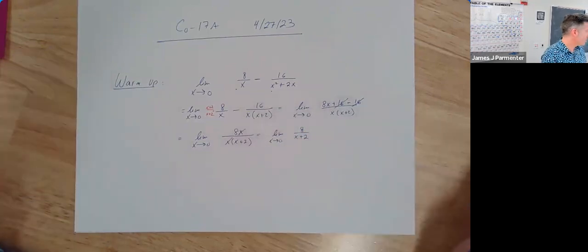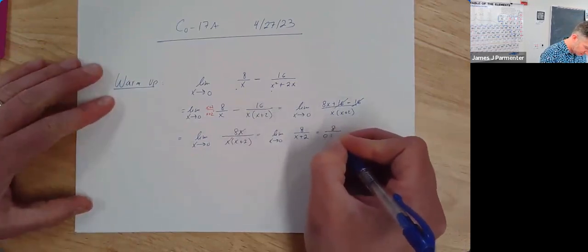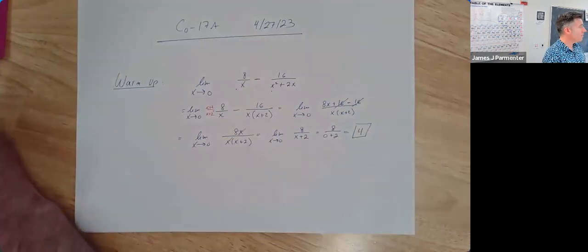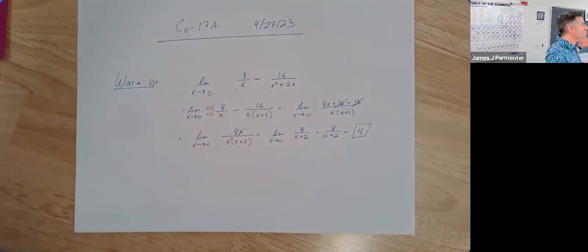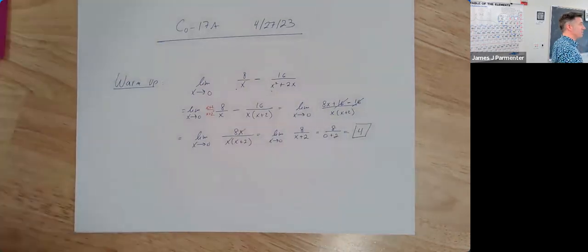And now we can actually substitute in 0 for x, and we're going to get 8 divided by 0 plus 2, which is just 8 over 2, which is 4. So often when you have fractions, the way we usually want to put them together is with a common denominator. We want just one fraction because maybe that'll make it easier to see what's happening here.